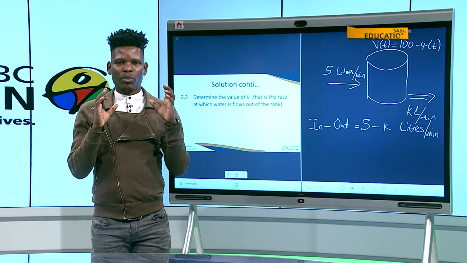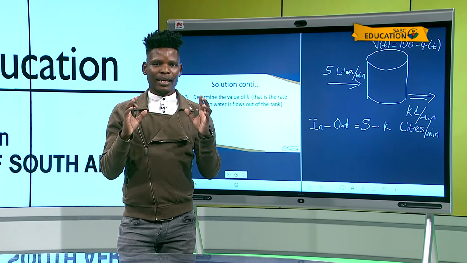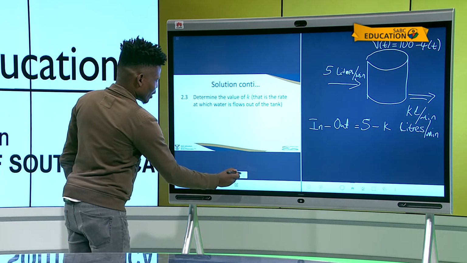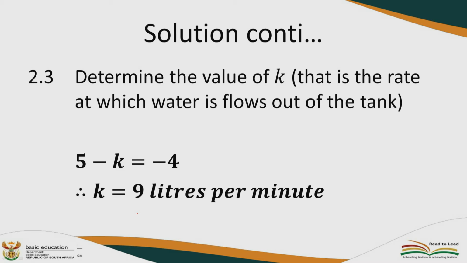That is what is going to be important for us to solve this question. These two rates are exactly the same, they are equal. So to solve for the value of K, we are then going to say that 5 minus K is equal to -4. We solve for K, we find that K is 9 liters per minute.